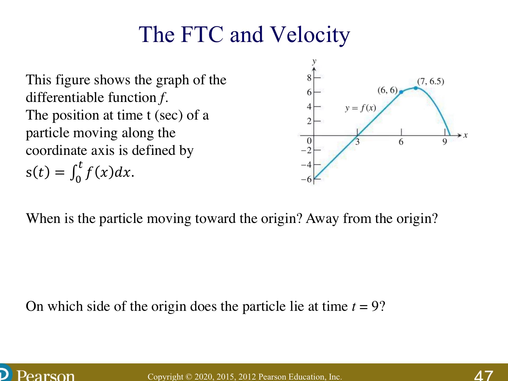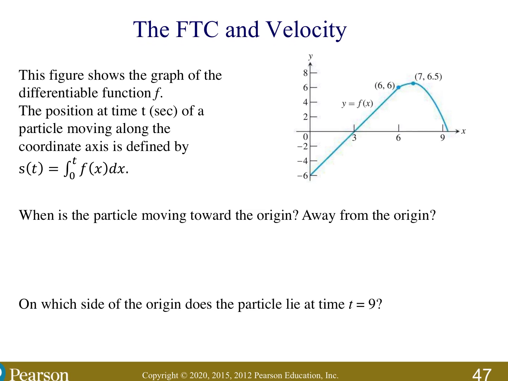Here's a few questions. I wanted to highlight these because a couple of you, this was the extra credit question, and some of you nailed it, totally nailed it, but let's go over it so that more of you can get it right next time. When we talk about moving toward the origin, there's 2 things you have to check.